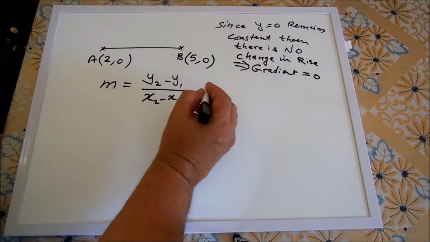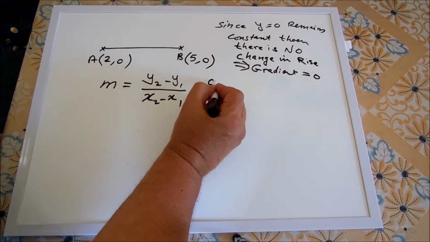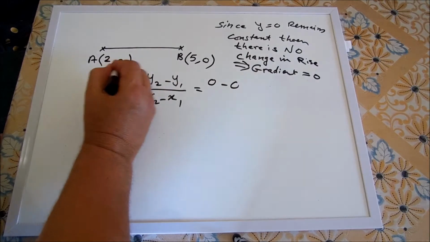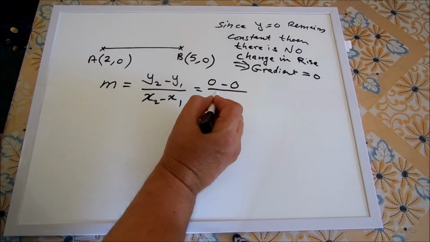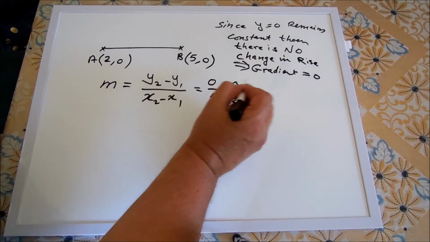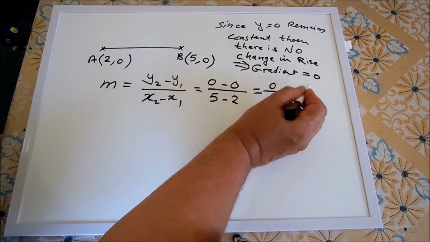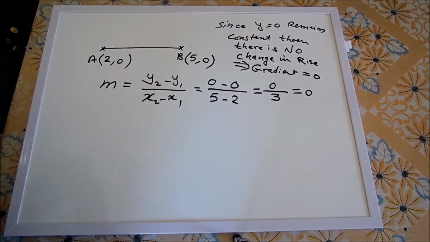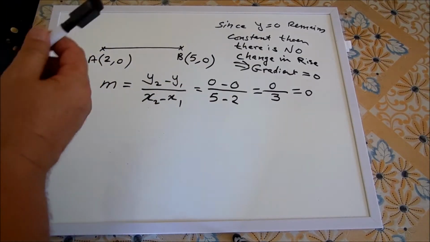So in this example here, you have 0 minus 0 over x2, which is 5, minus 2, so that gives you 0 over 3. So 0 over 3 is 0. So that again gives us the slope equals 0 for a flat line.